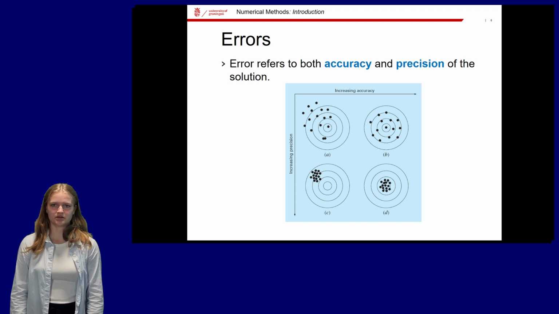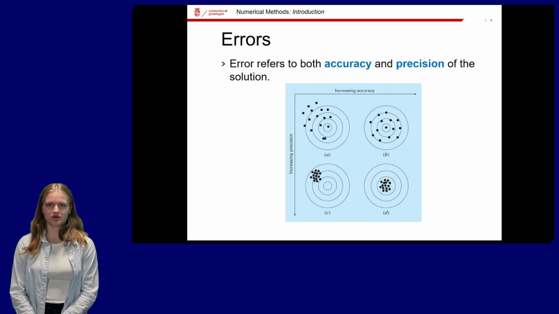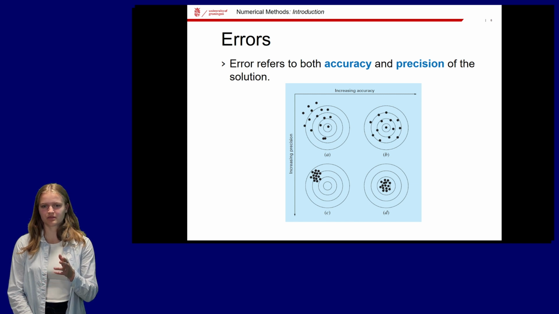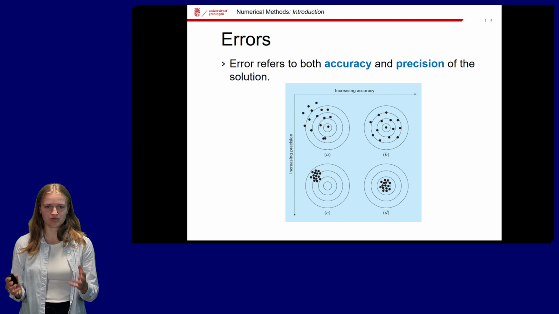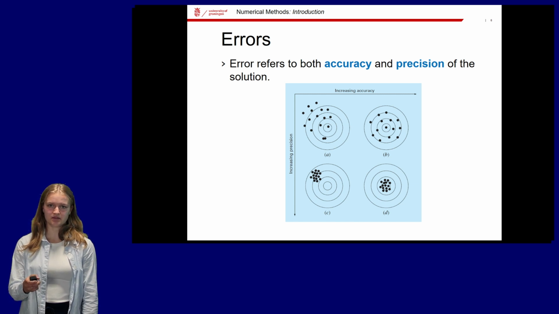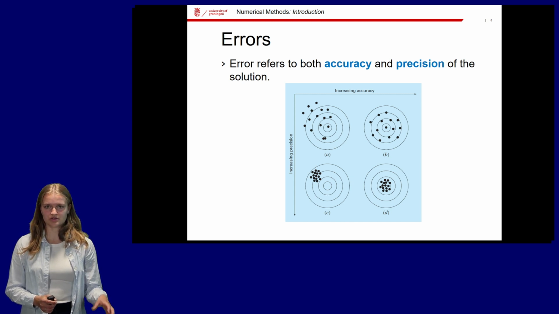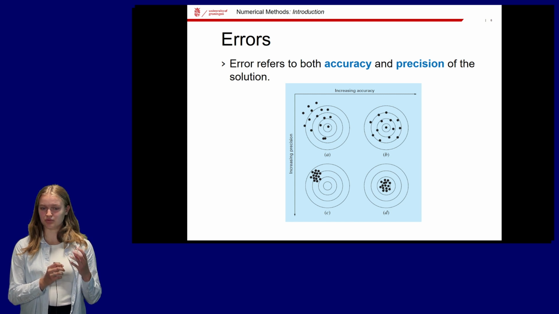And in this figure, just an example for a graphical depiction of what accuracy and precision means is presented. This is just an analogy with trying to shoot at a target. Let's say that the bullseye is your exact value that you are trying to approximate, and the bullet holes are your computed approximations. You can see in figures A and C that the bullet holes are centered around a value that is not the bullseye.